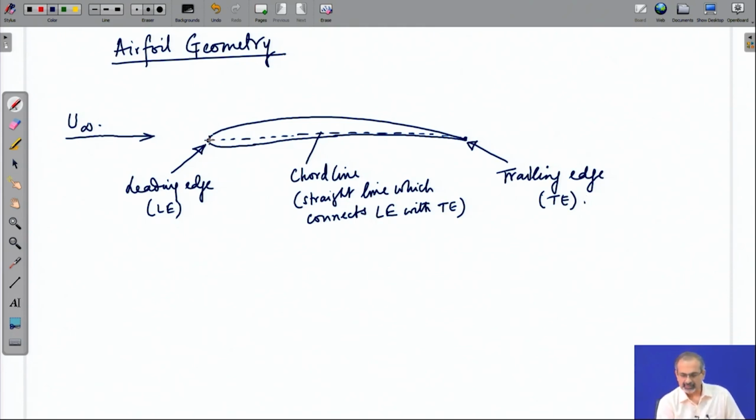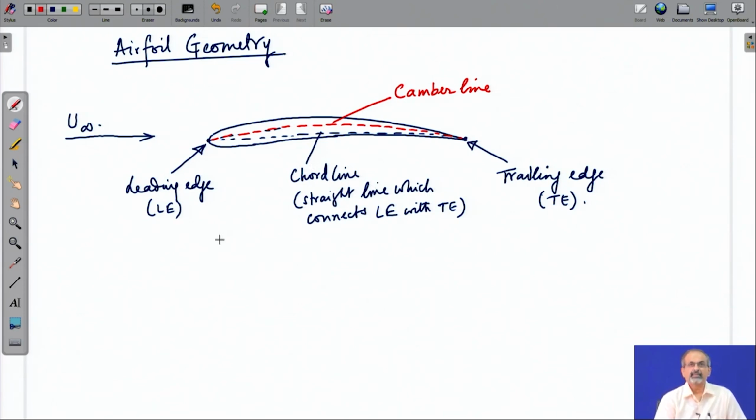Now, there is another very important curve. Let us mark it with some other color. And this curve is called the camber line. You can see that it is offset from the chord line. Moreover, it is a curve, it is not a straight line.